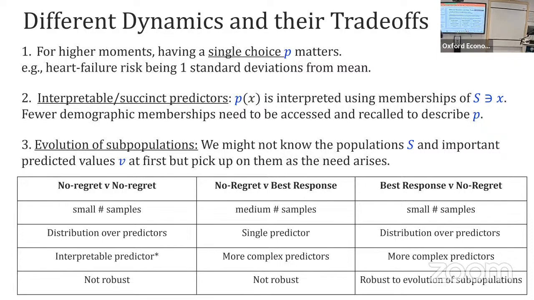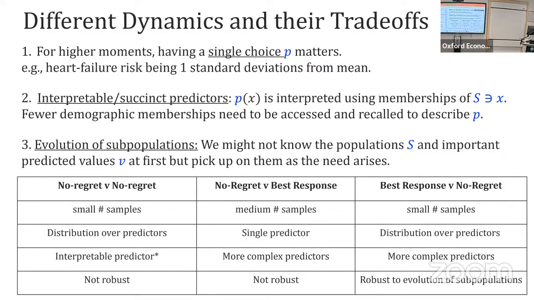And in some applications, single predictor is really important. One example of this is if you're trying to predict something that is a higher moment, like I'm not just trying to predict your heart rate, but whether or not it's within one standard deviation of the mean, or is it more than one standard deviation?